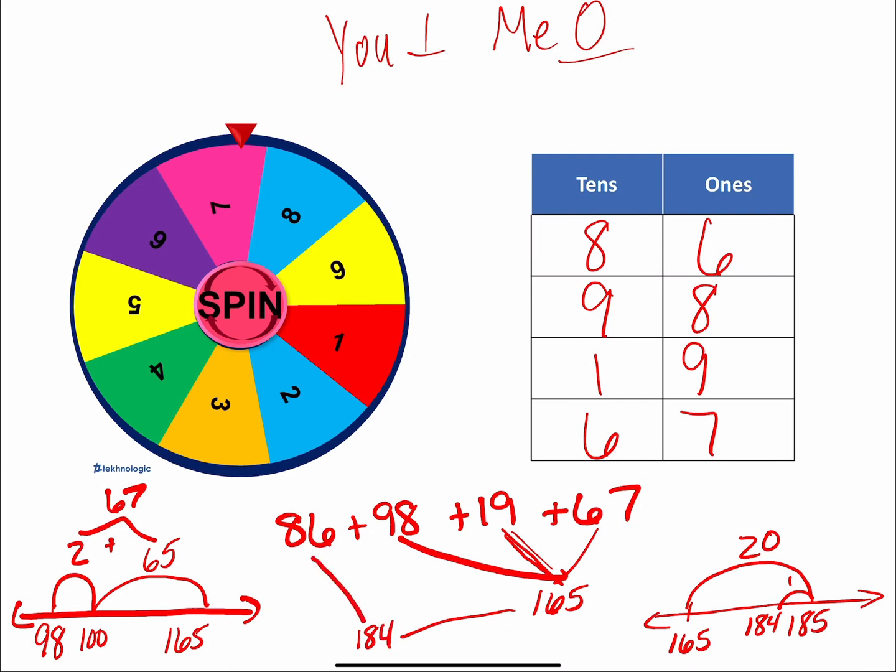Then I can do 184 plus 86, and I see something there that if I have 184 plus 86, I know a relationship between the 4 and the 6.